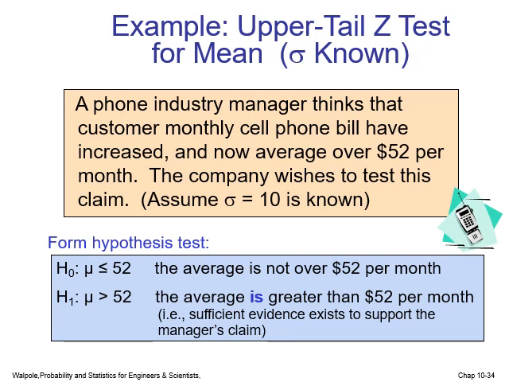We need to define the H0 and also H1. In this case, H0 is that the monthly average is not over $52 per month, and the alternative hypothesis is that it is greater than $52 per month, and we need sufficient evidence to support the manager's claim.